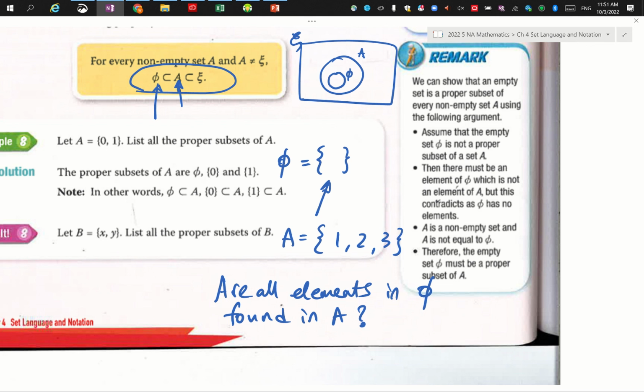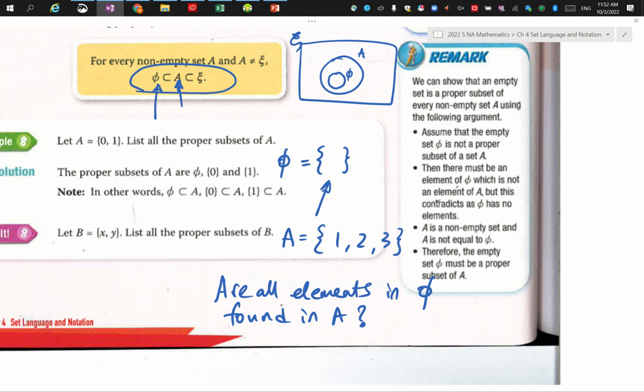So, in summary, the empty set is always found inside any set. I can easily put it anywhere I like, precisely because it is empty. It has no effect on the set that I am placing the empty set inside.